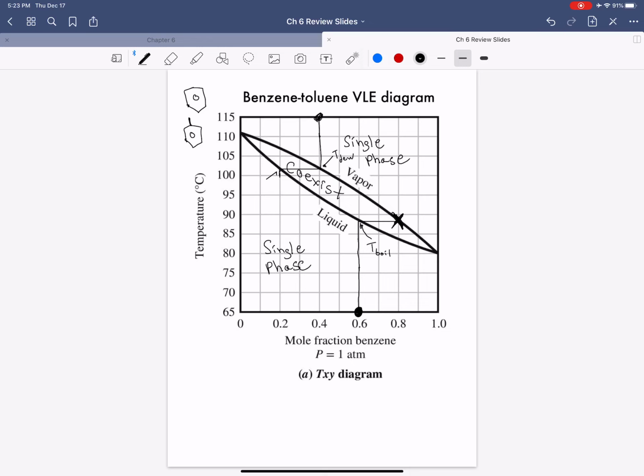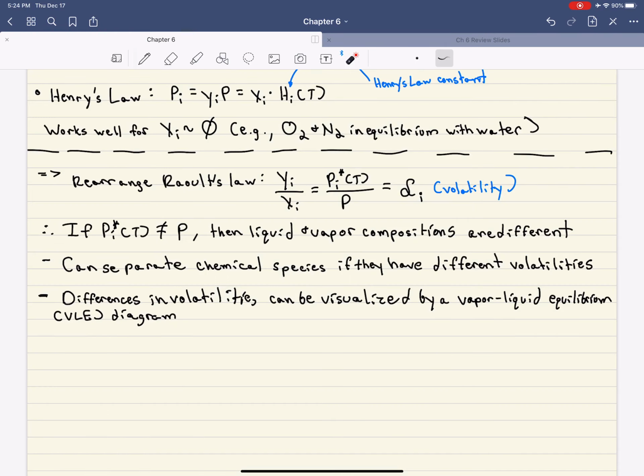All right? And so those are the main features I wanted to point out. You know, this bottom line corresponds to the boiling point temperature of your system if you were going from the liquid to the vapor, while the top black line corresponds to the dew point temperature if you're going from the vapor to the liquid. And so just to summarize things that you've seen here, that top black line, which is otherwise known as the vaporus line, gives T dew.